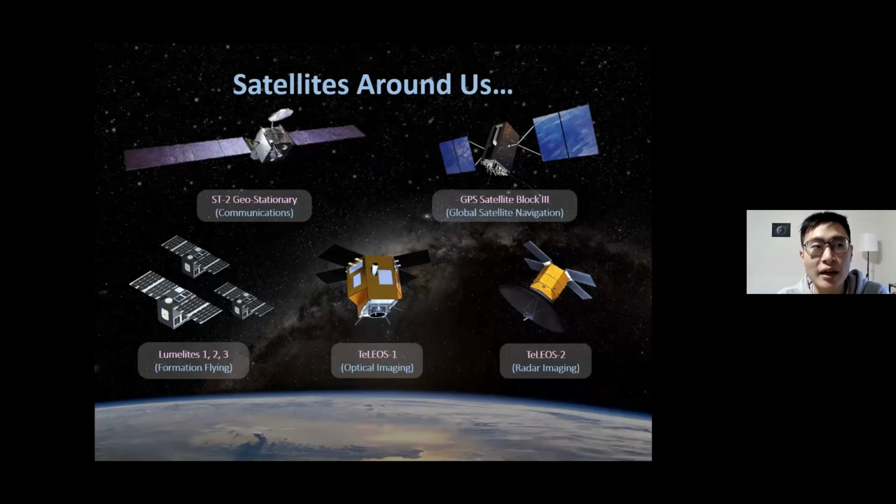And DSO, it stands for Defense Science Organization, but we basically do anything under the sun with regards to space, aerospace, electronics, you name it, we've got it. So Helios 1 was an optical imaging satellite, and Helios 2 was a radar imaging satellite.